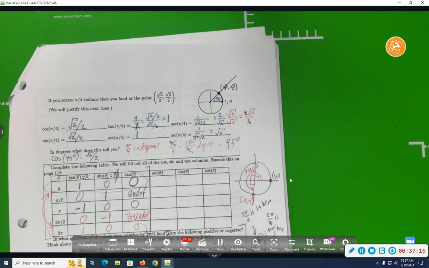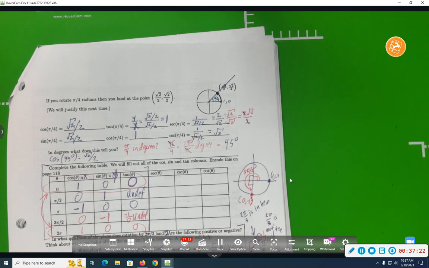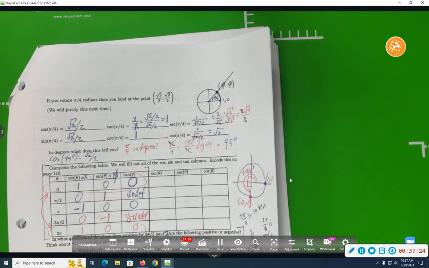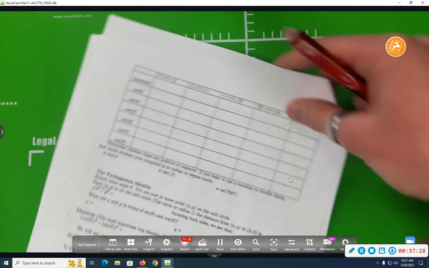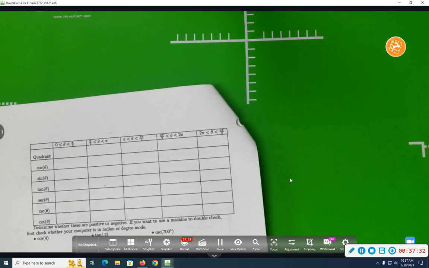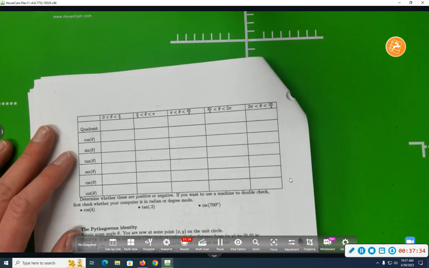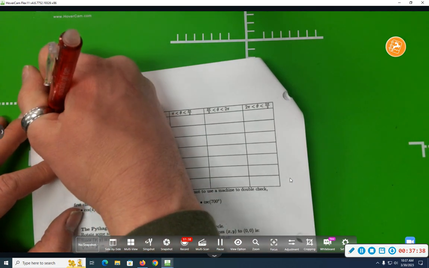All right. So, the next thing I want to do is come back to this idea of what quadrant an angle lives in, and using that to decide whether a trig function will be positive or negative. So, let's fill in some of this table. Not all of it, just a little bit of it, just enough to get by.